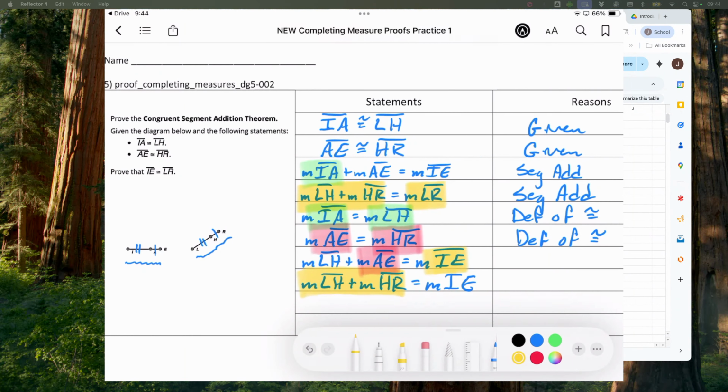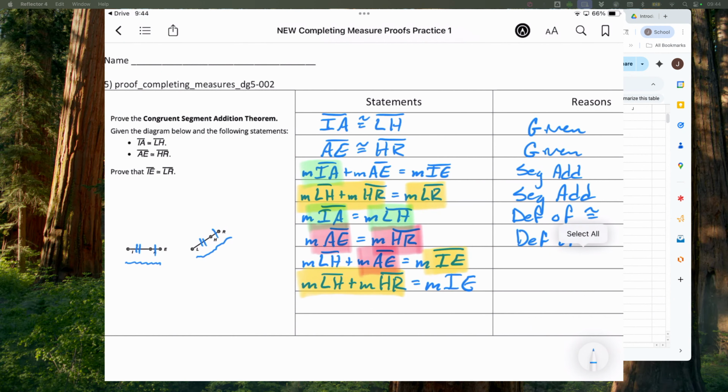So now, since those are both equal to the same thing, they must be equal to each other. So we can say the measure of IE is equal to the measure of LR, and that's going to be the transitive property.